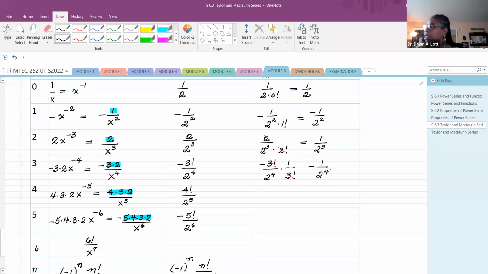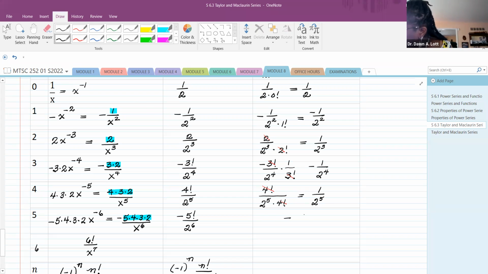So it looks to me like each time the factorial divides out. I get 4 factorial over 2 to the 5th, but I got to divide by 4 factorial. So again, that's going to divide out. So I get +1 over 2 to the 5th.